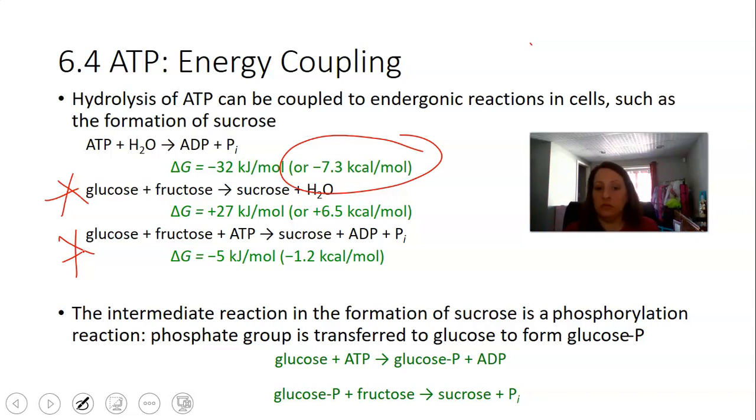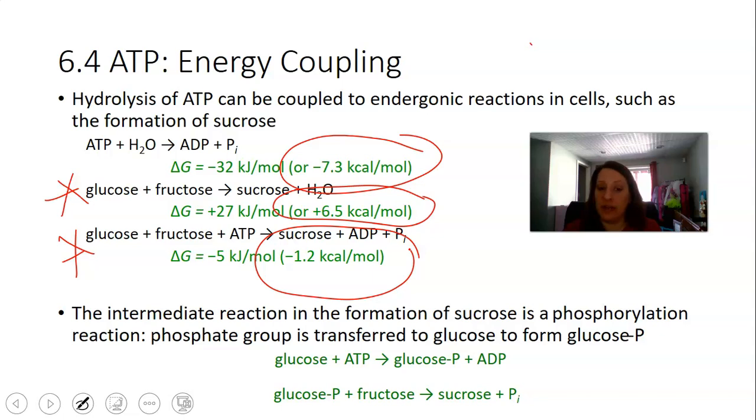Overall, if we combine the change in free energy values, so negative 7.3 kilocalories per mole for the hydrolysis of ATP and a positive 6.5 kilocalories per mole for the production of sucrose, we get a change in free energy value of negative 1.2 kilocalories per mole.